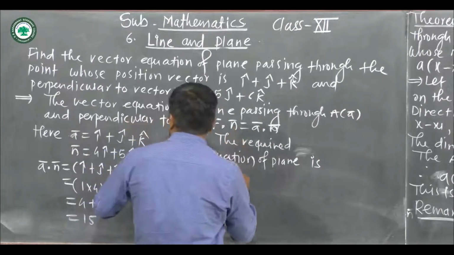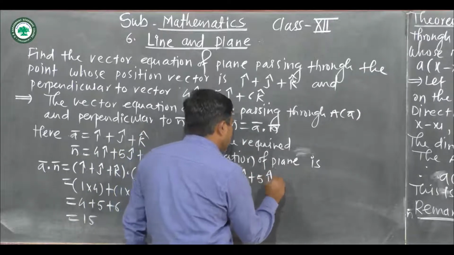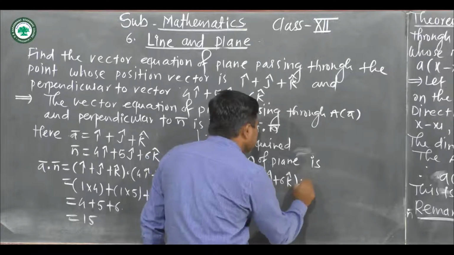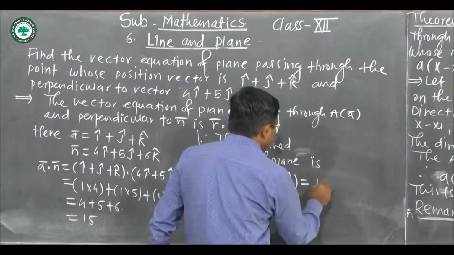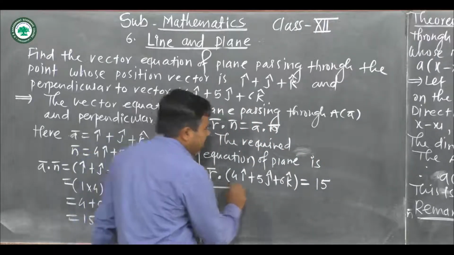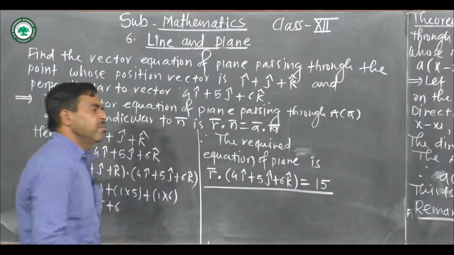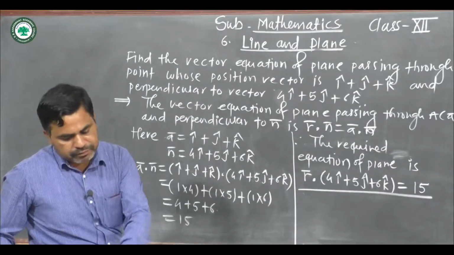What is n bar here? 4i cap plus 5j cap plus 6k cap is equal to a bar dot n bar. But what is a bar dot n bar? 15. It is equal to 15. So this is the required vector equation of a plane. Next example.